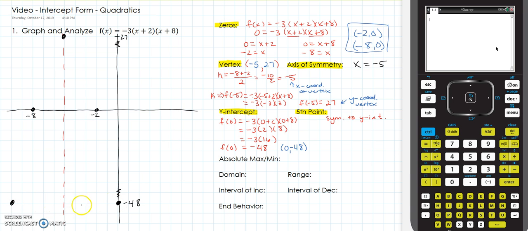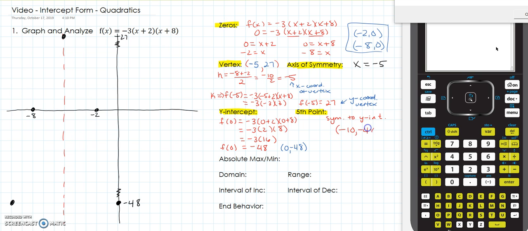So these points are 5 away from the axis of symmetry. So it looks like I'm going to be back at -10 and then down at -48. So we're going to be at (-10, -48).